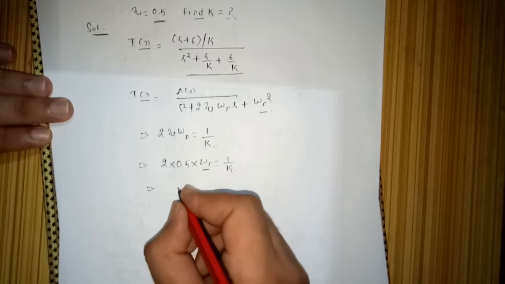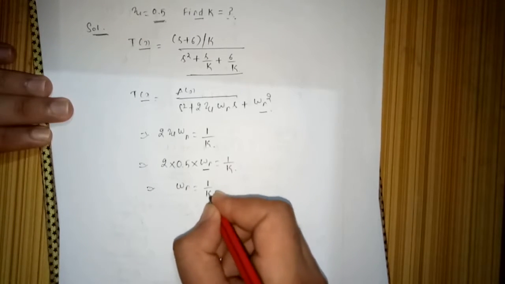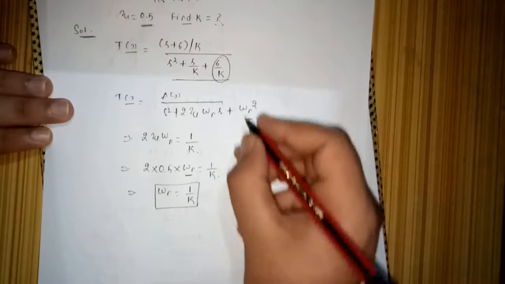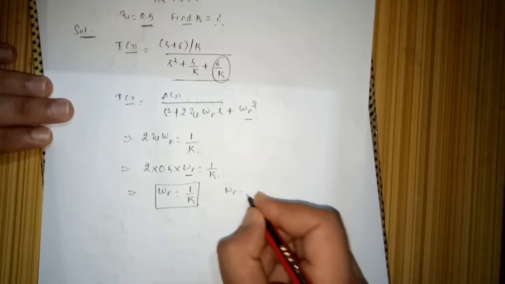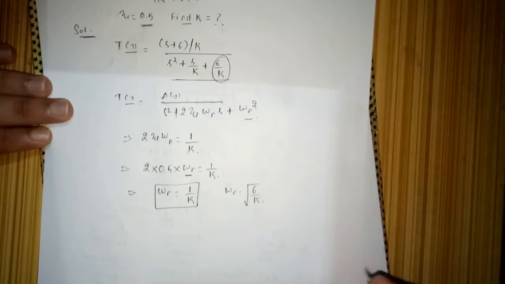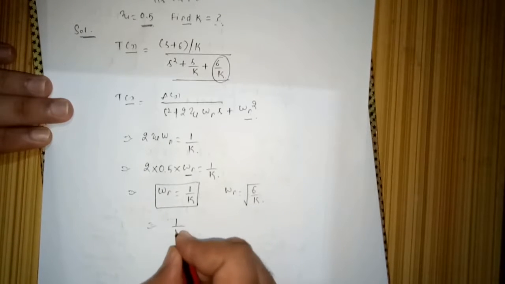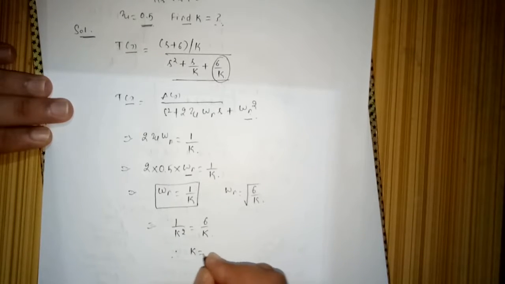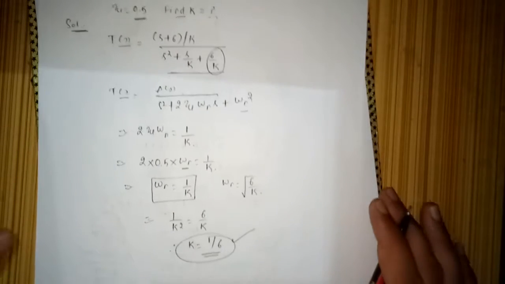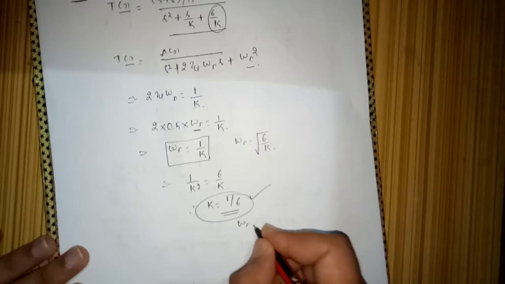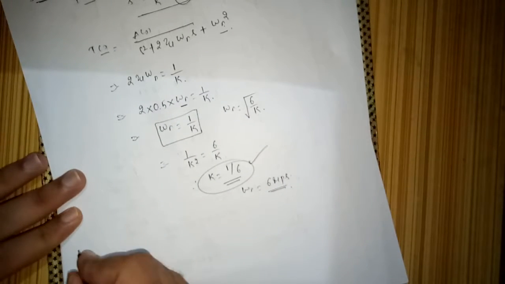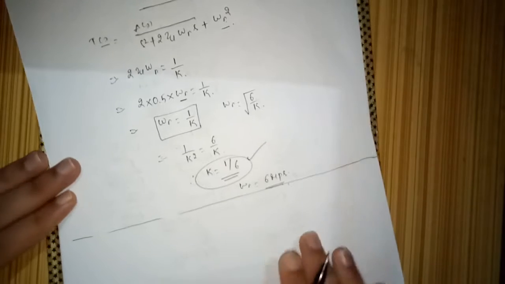So omega n comes out to be 1 by k, right? But if I compare, this comes out to be omega n equal to root 6 by k, right? If I equate these two terms, what I get is 6 by k. Therefore k comes out to be 1 by 6, right? This is what we want to find, right? And omega n is equal to 6 radian per second. Fine. Now this question is done.